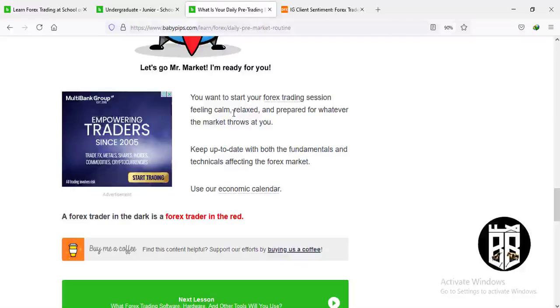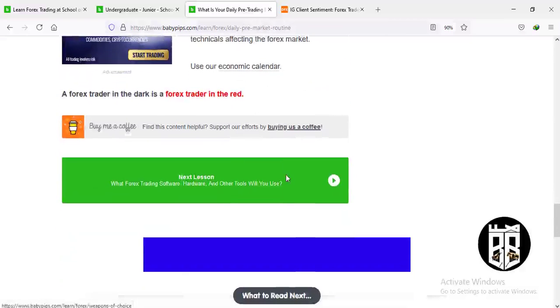So keep up to date with both the fundamentals and technical analysis affecting the currency or forex market. With that, let's move on to the next lesson that says, what forex trading software or hardware and other tools will you use?